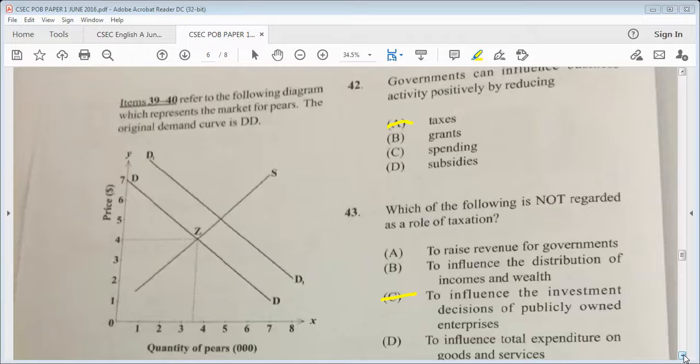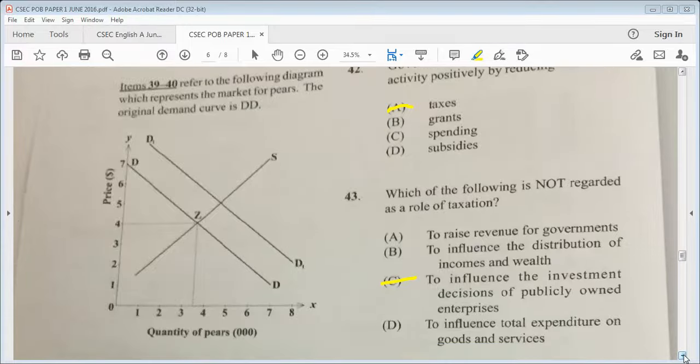Items 39 to 40 refer to the following diagram, which represents the market for pears. The original demand curve is, as we see, DD.